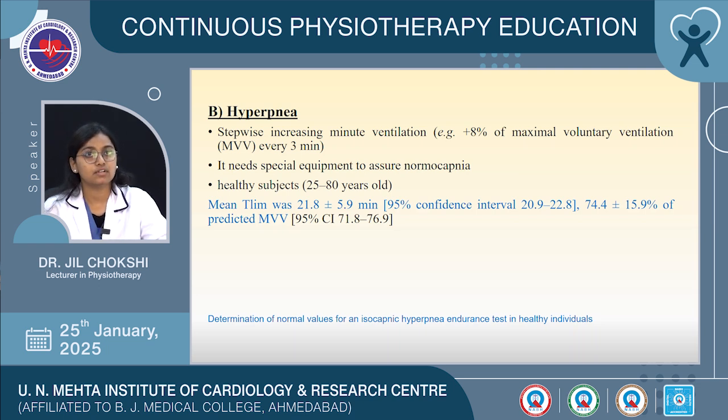According to the reference article, determination of normal values for an isocapnic hyperpnea endurance test in healthy individuals aged 25 to 80 years old, the mean time limit was 21.8 plus or minus 5.9 minutes.